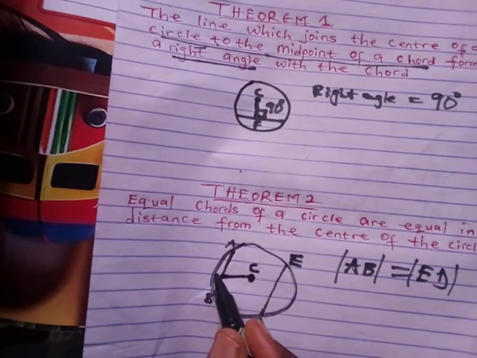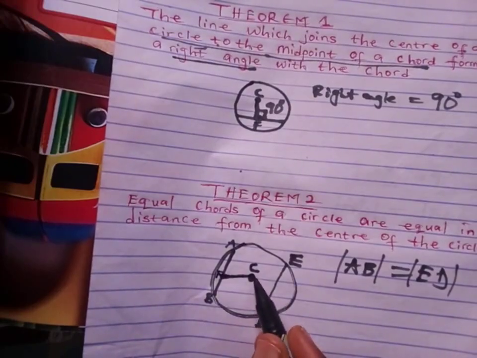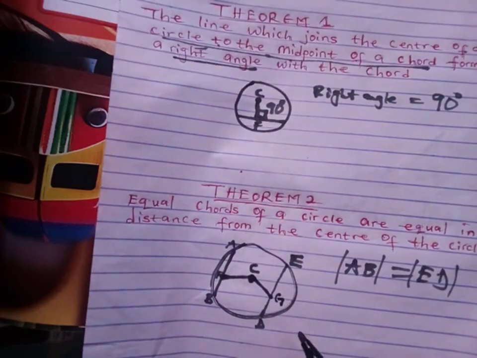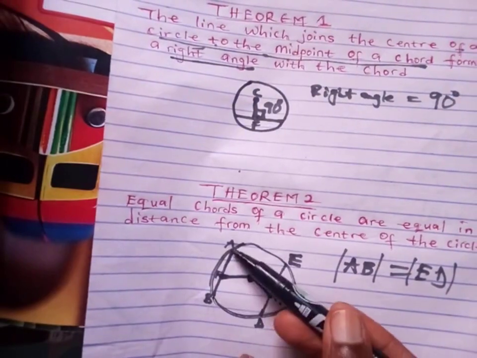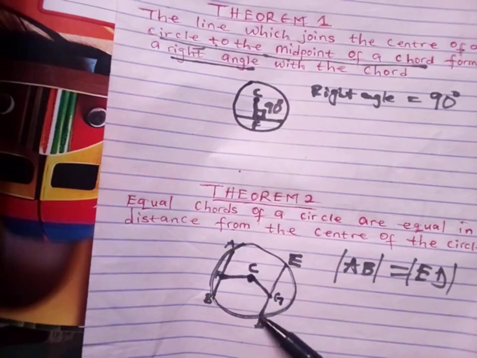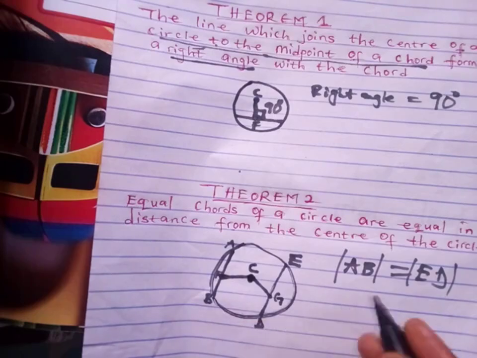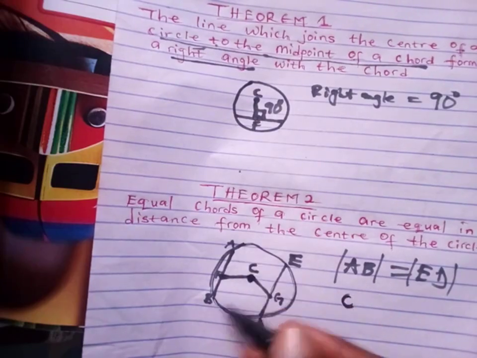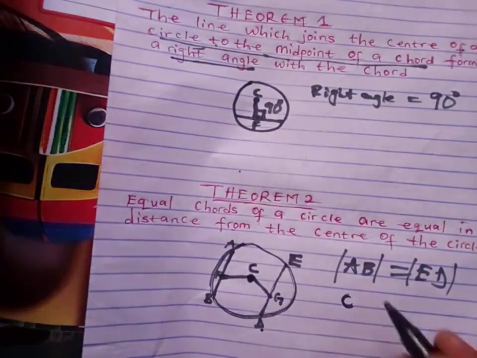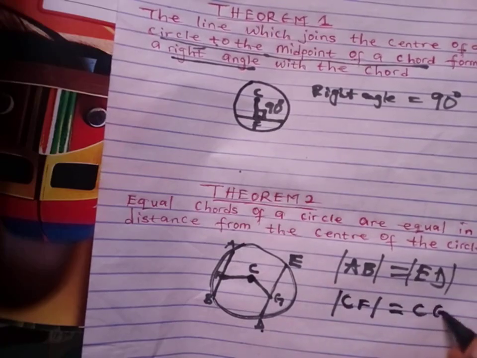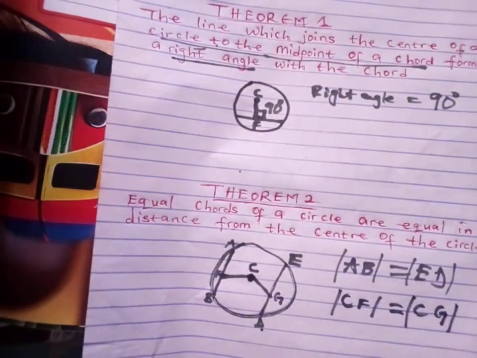So let's label this point here F, and let's label this point here G. This law is basically telling us that if you have this chord and this very chord, which are equal to each other, then their distance from the center of the circle will also be equal. So since chord AB is equal to chord ED, then CF will also be equal to CG. This is what the law is saying.